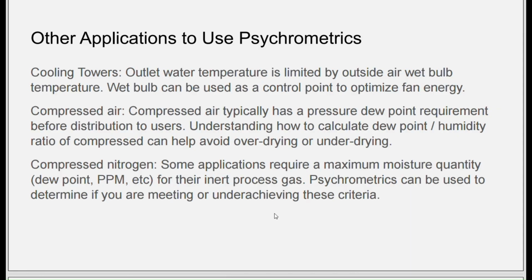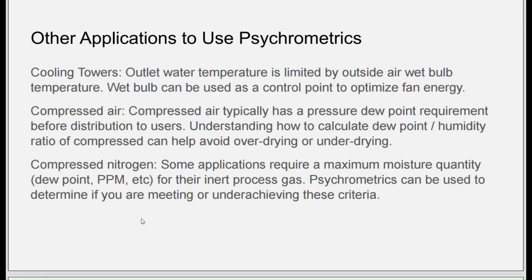I've had some projects too where we're looking at installing a PSA, or pressure swing adsorption, nitrogen system, where instead of buying liquid nitrogen, which is expensive, a site may be able to generate nitrogen gas with some equipment. And one of the things that you have to do in sizing or designing a PSA nitrogen system is look at the moisture requirements in that air. They don't often say, this is the humidity ratio or dew point.